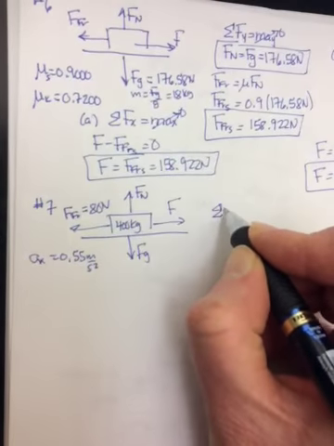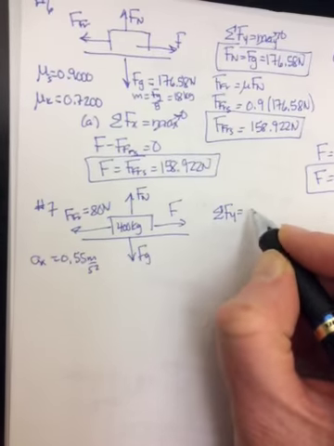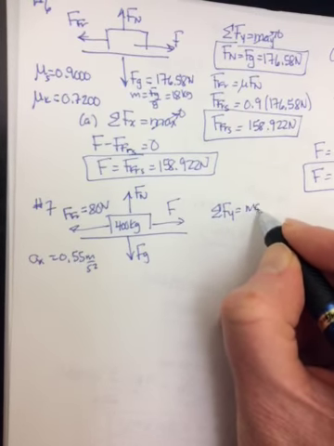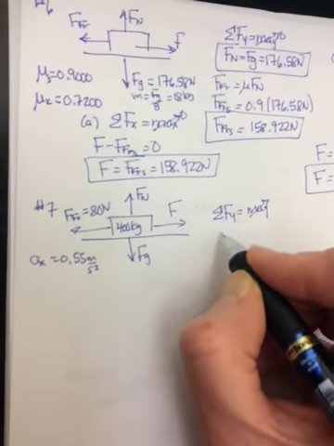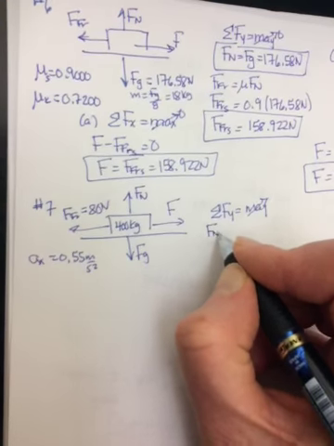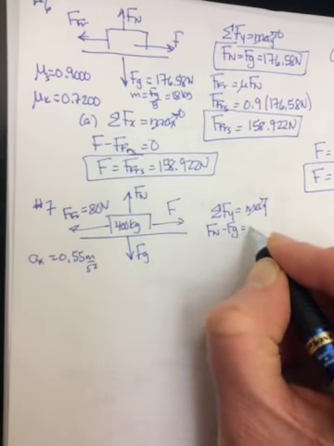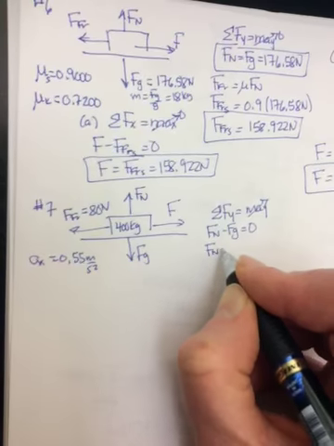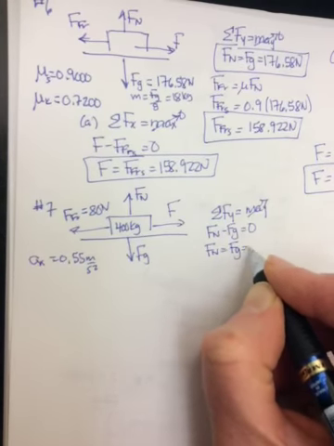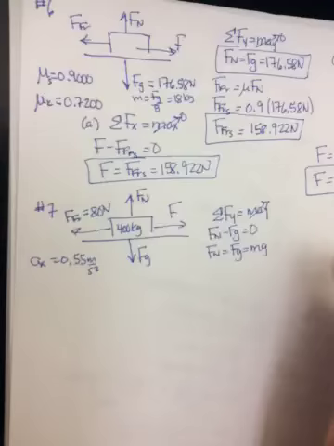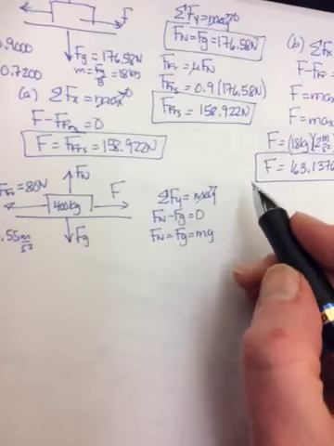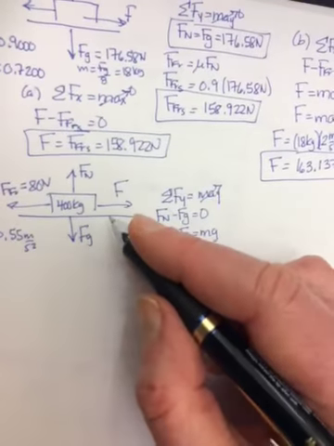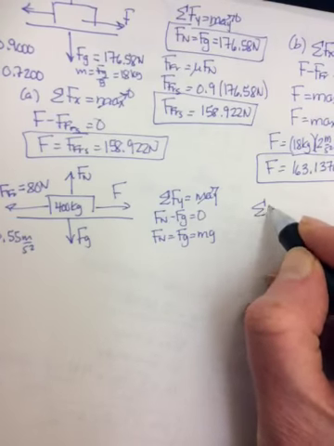So if we start where we always start, sum of the forces in the y direction equal to MAY. The car is not moving in the y direction, so it will be Fn minus Fg equals 0. So Fn equals Fg equals mg. And you could find this, 400 kilograms times 9.81, or you could wait and go into the x direction.